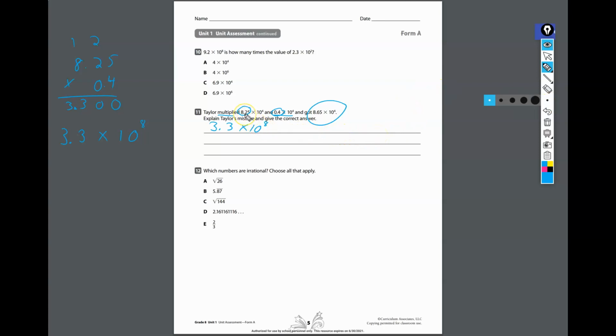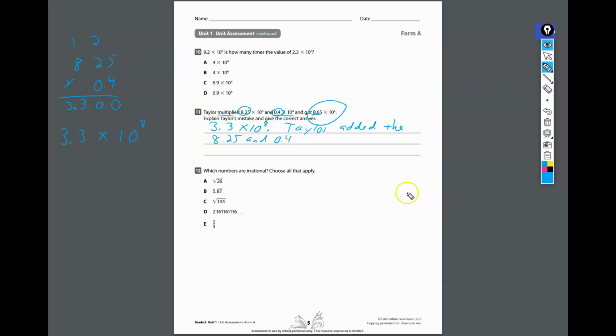Maybe he added instead of multiplied? And that would give us 8.65. So maybe Taylor added instead of multiplying there.